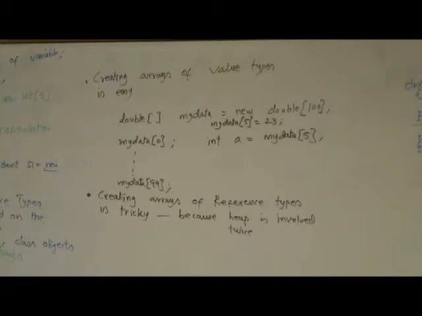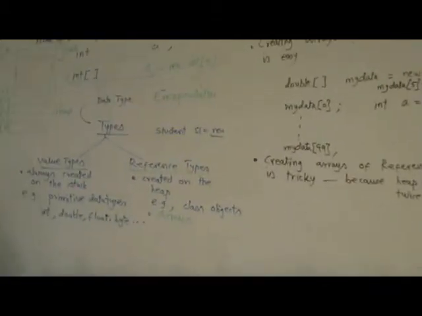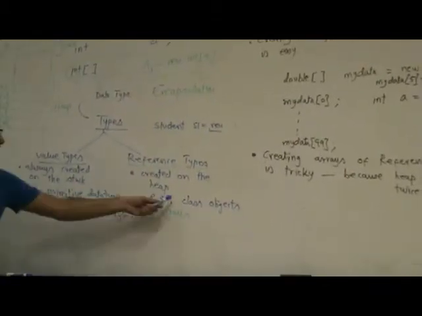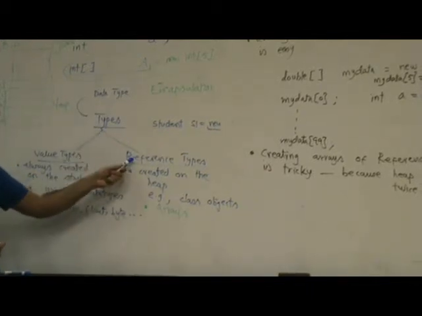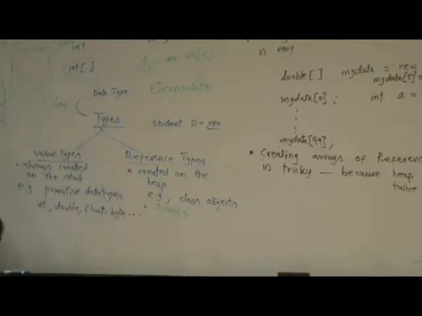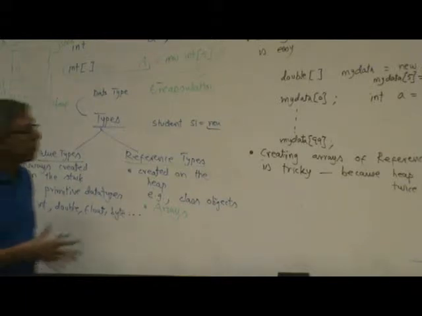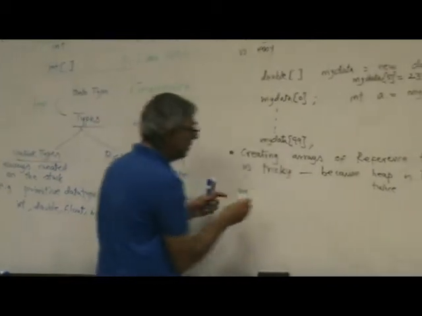Where will the memory for the array itself come from? From the heap. Where will the memory for each student come from? Class objects are also created on the heap. That's why the heap is involved twice, and it becomes tricky. Especially if you are coming from a C type of background, this is where a lot of people get confused. Let me clarify this further.